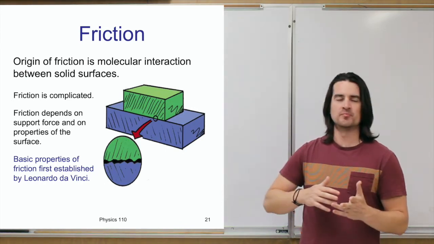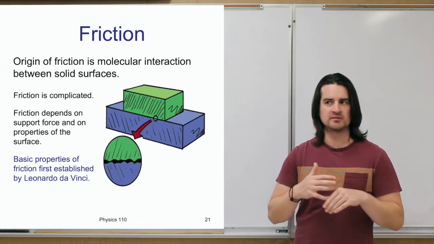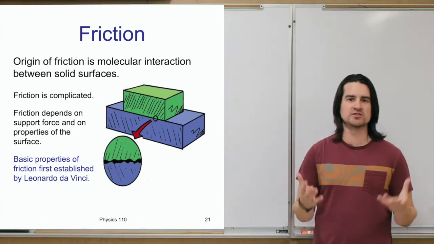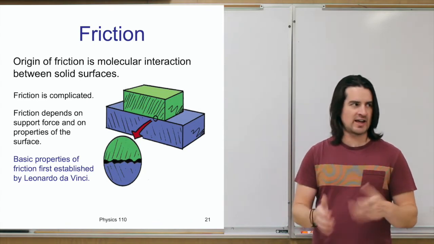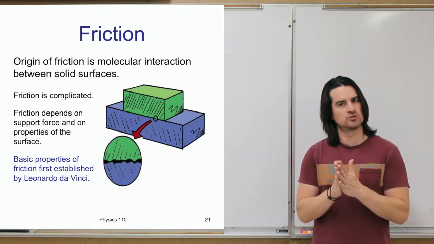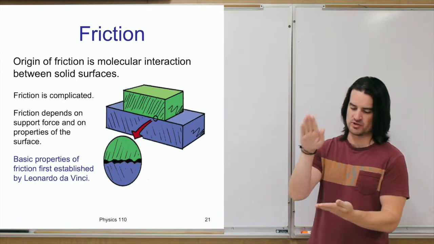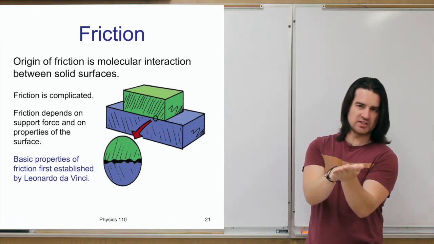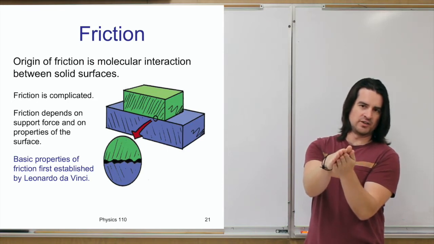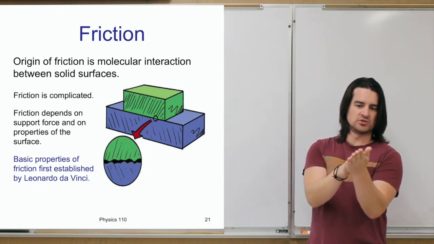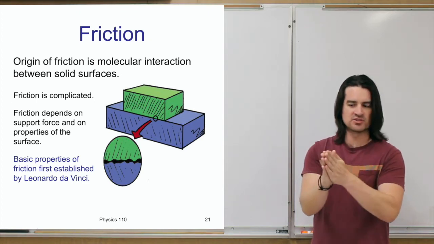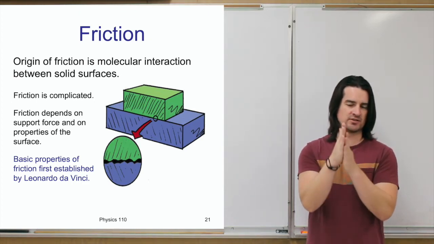All of that frictional force actually comes from interactions of atoms and molecules between those two surfaces, right? Atoms and molecules on this surface and on that surface interact a bit when they're close enough, which is why friction only happens when two objects are touching each other.